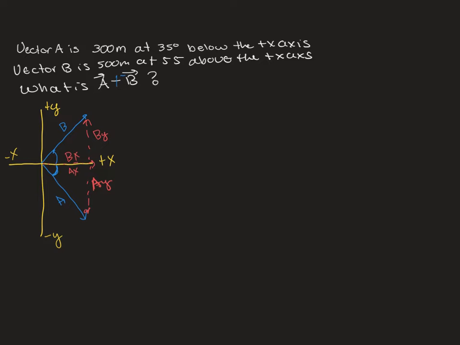So I can use cosine for my X values because they're adjacent to the angle provided, and sine for my Y values because they are opposite to the angle provided.